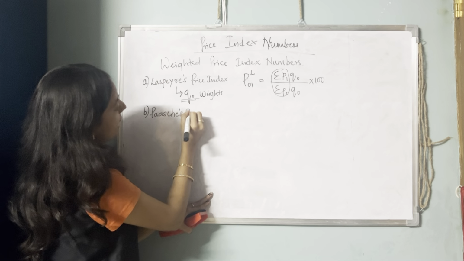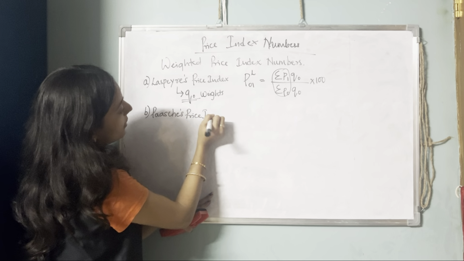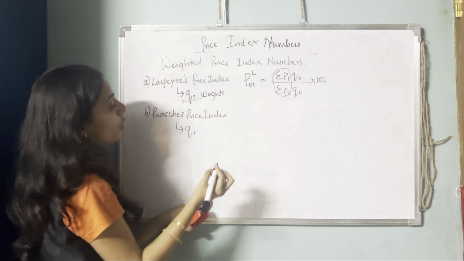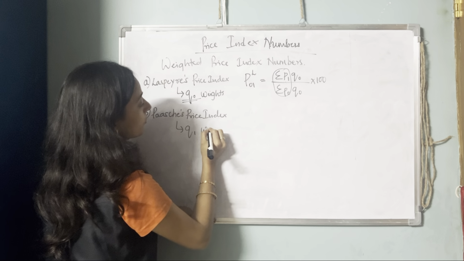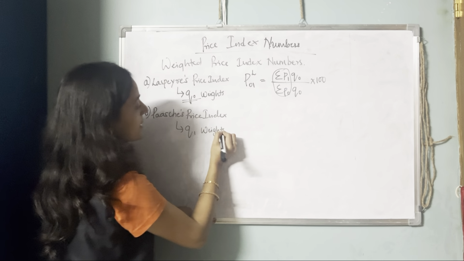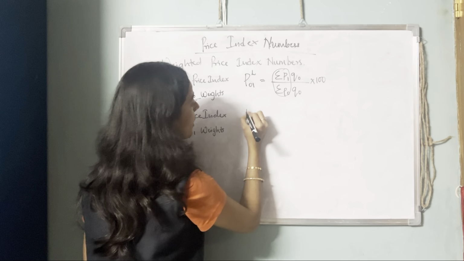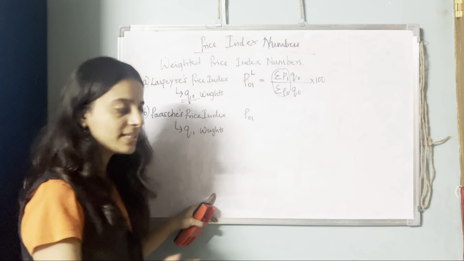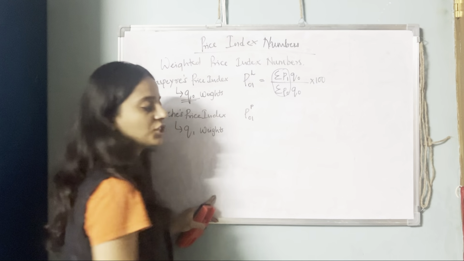Next one is Paasche's price index. Here in this method, we are considering the quantity of the current year as weights, that is Q1. So here the price index number is P01, but which method? Paasche's method.